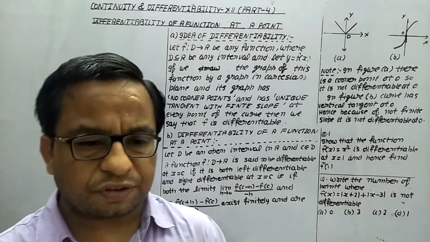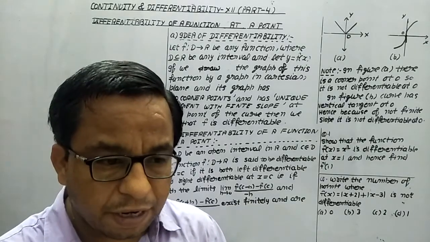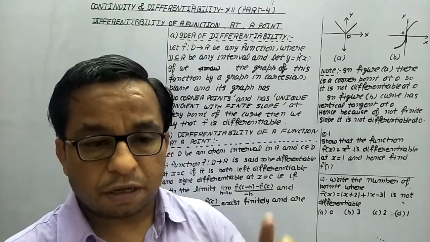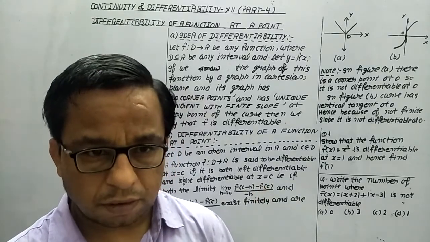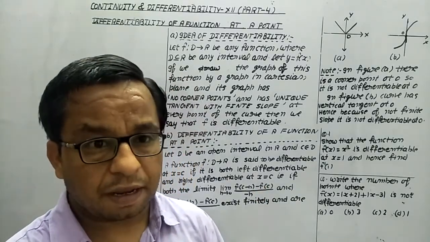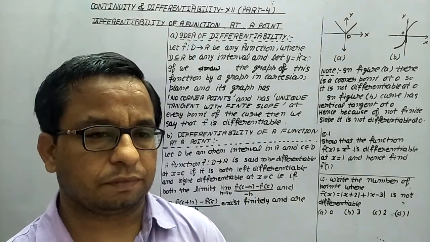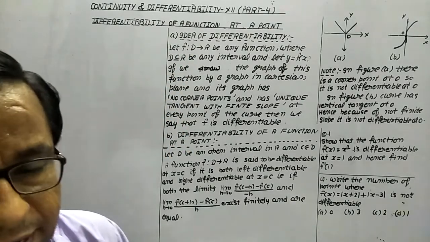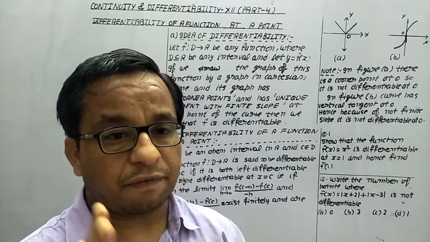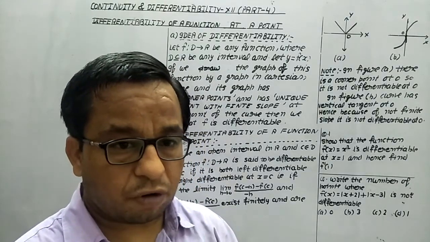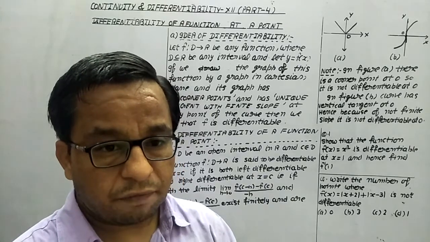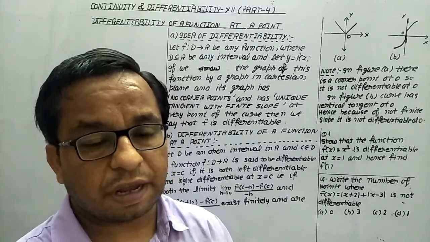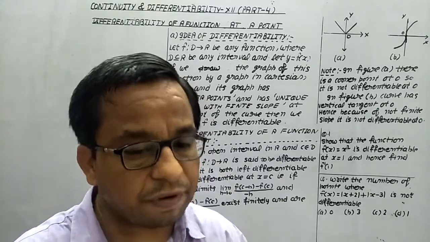So to prove any function differentiable, if we check it graphically, we must check these two points: at that point there should not be a corner point, and if the slope exists there, then the slope should be finite. So this is the idea of differentiability. Once again I revise this. In case of continuity, graphically, if we can draw the graph of the function without lifting the pen or pencil from the surface of the paper, then we can say that the function is continuous at every point.